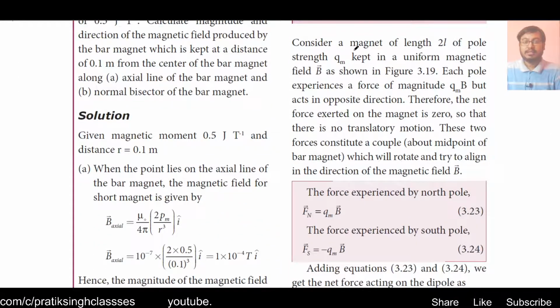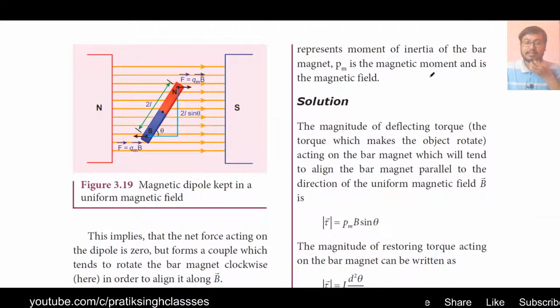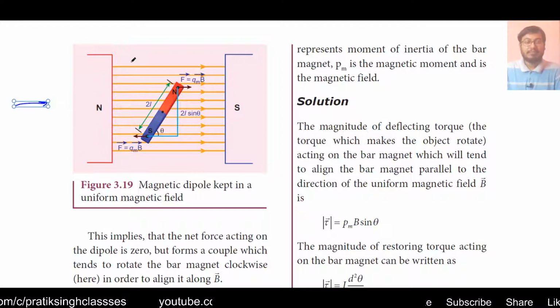All right, consider a magnet of length 2L of pole strength Qm kept in a uniform magnetic field B as shown in figure 3.19. Here in this figure we can see a uniform magnetic field. The magnetic field lines are going from north to south. Here we have a bar magnet whose magnetic length is 2L.